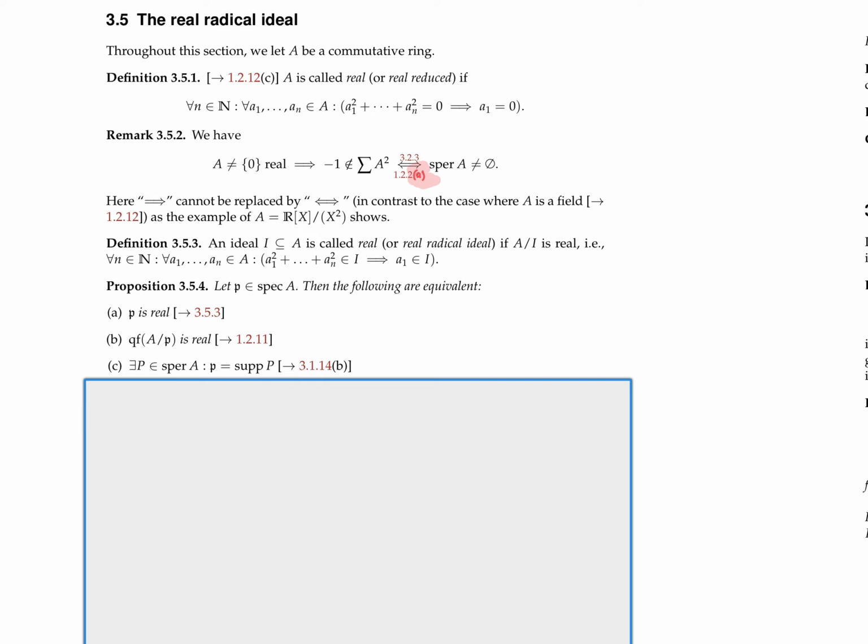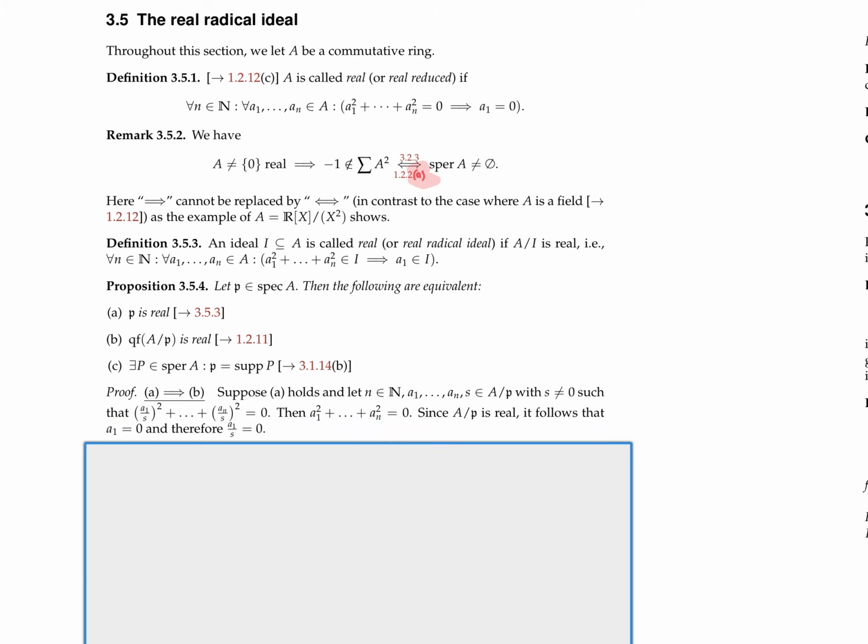So the real prime ideals are exactly those which are supports of prime cones. So that's a nice connection between prime ideals and prime cones.